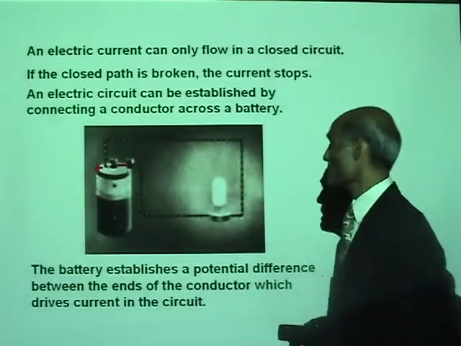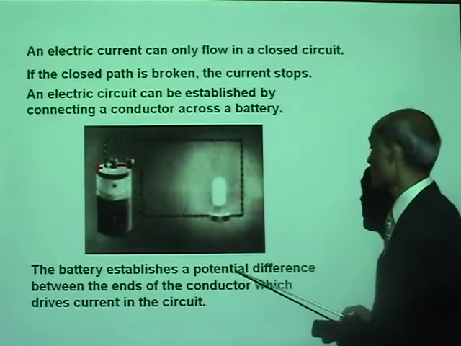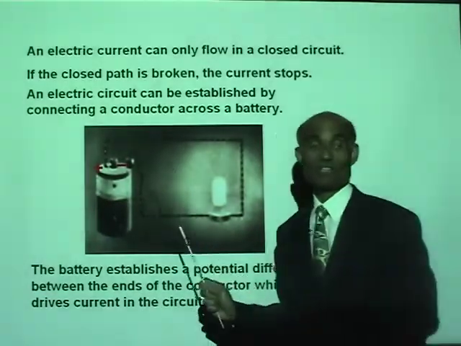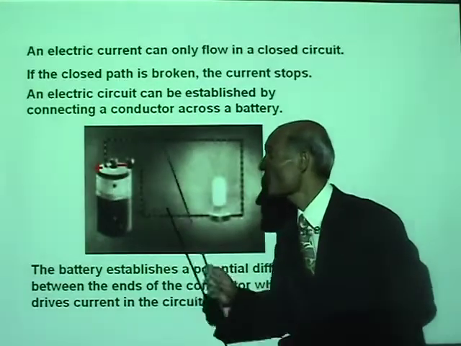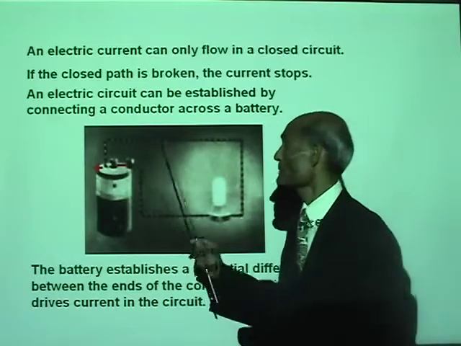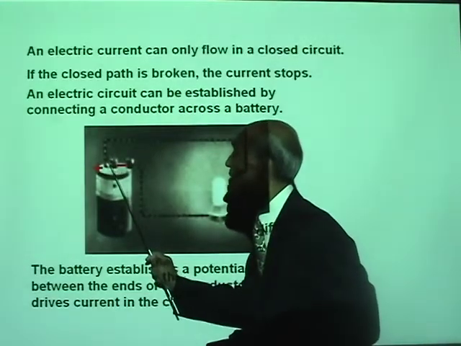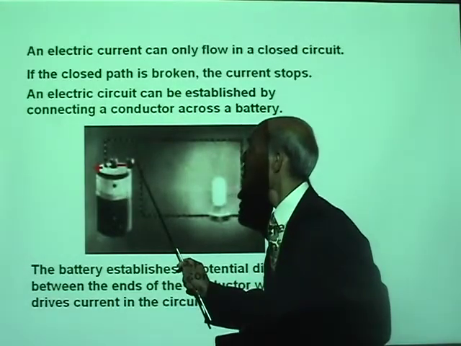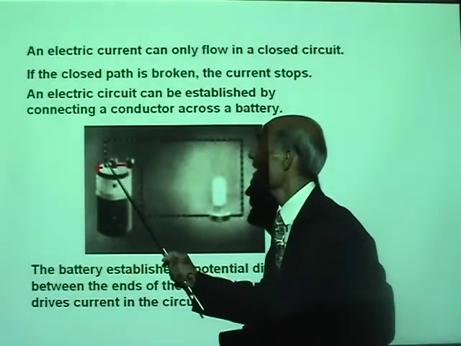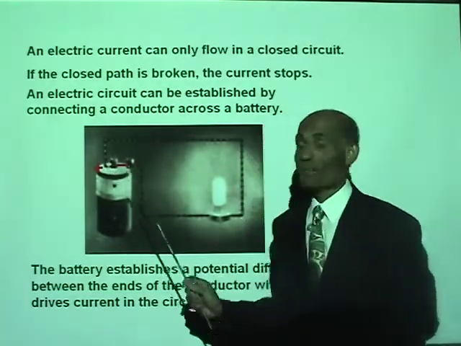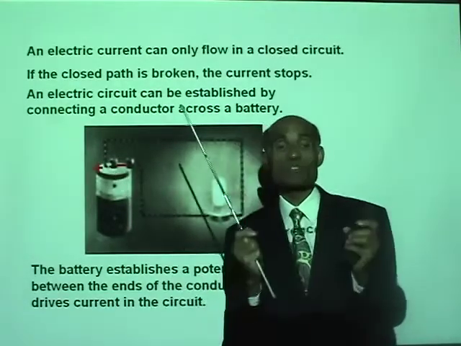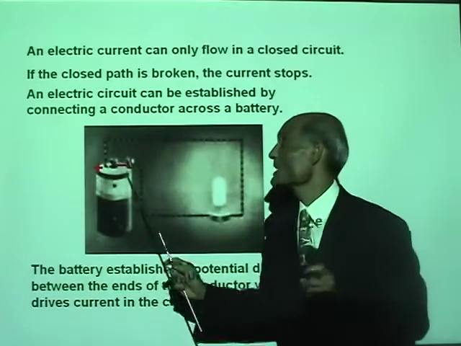Alright. The battery establishes a potential difference between the ends of the conductor. You see, that is the purpose of the battery. What does the battery do? Here you have one end of the conductor and the other end is connected to the negative. When you connect a conductor across a cell, the battery will establish a potential difference between the ends of the conductor.